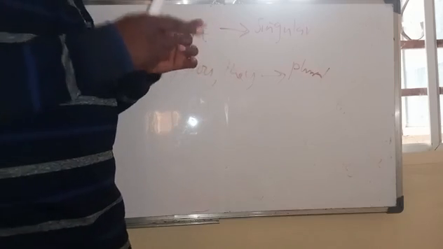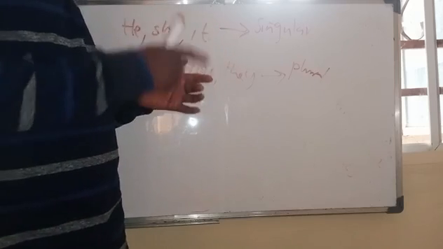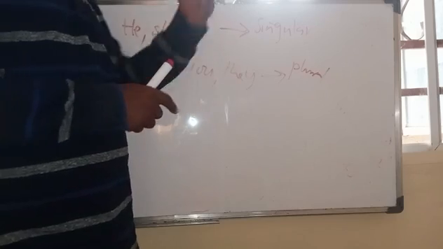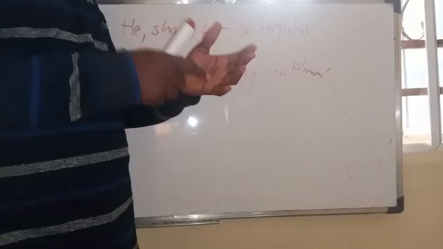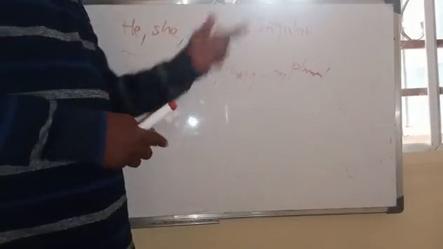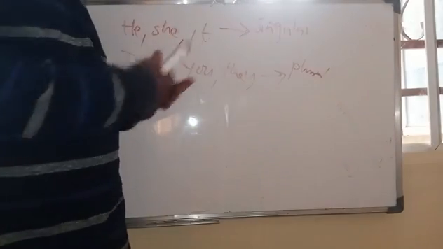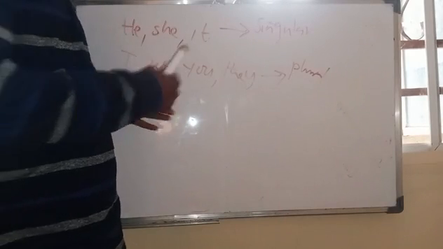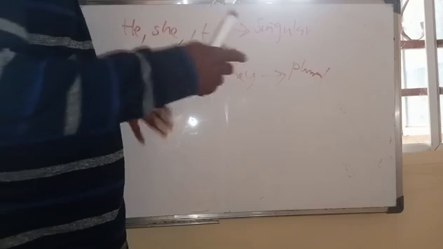Then, when you have such correlating conjunctions, like either, there is a rule. Whether the verb should be plural or singular depends on the subjects you are joining. If each of the subjects is singular, then definitely the verb has to be singular. But if one of them is plural, then what happens?